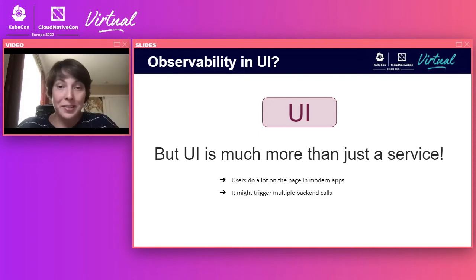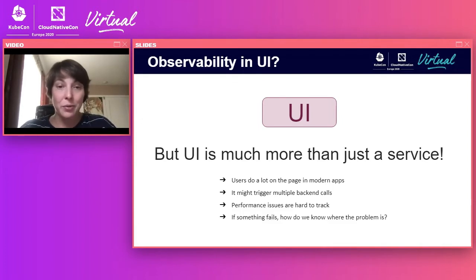Users do a lot on the modern application pages. There might be not just one, but multiple backend calls. And as I already mentioned, performance issues are really hard to track, especially with multiple UIs, multiple backend calls. And to be able to identify where the issue is, so far, UI engineers had the same tools at their disposal as backend and ops 5-10 years ago, right?